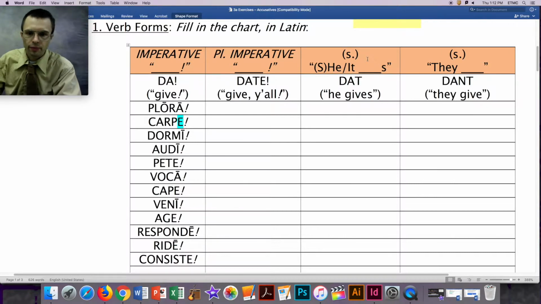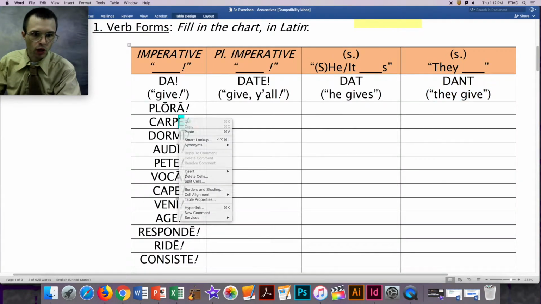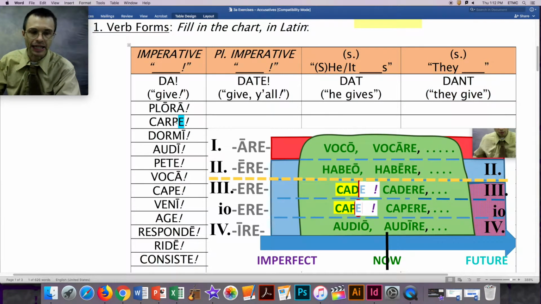Okay, I want you to try some exercises now. What you're going to do here is I'm going to give you the imperative singular, and I want you to give me the plural imperative, the singular, and the plural. Now, when you do this, you're going to have to watch out for a short E, because that, remember, is ambiguous.